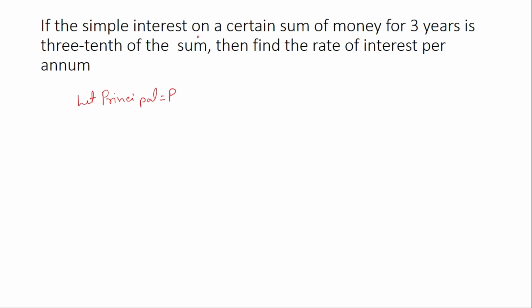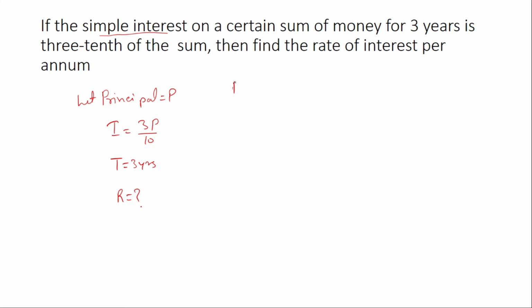Here it is given that the simple interest on certain sum of money for 3 years is 3/10 of the sum. So I will be 3/10 of the sum. Sum is P. Time is given 3 years. We have to find out rate.